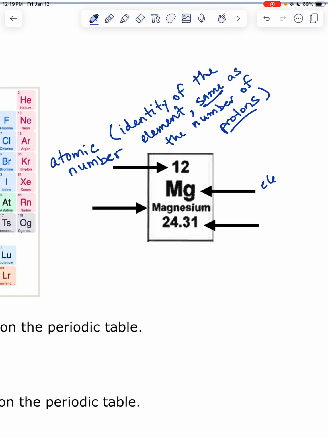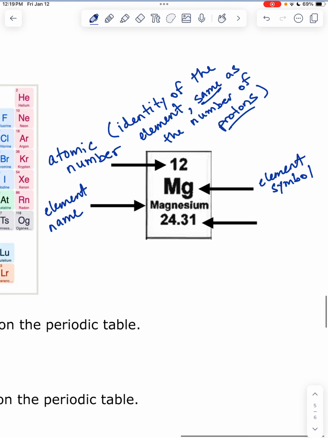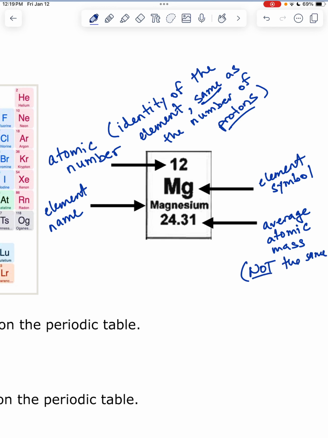This is just the element symbol. This is just the element name. And of course down here, this is what we call the average atomic mass. Now, this is not the same as mass number. All right, we're going to talk about what's different about it a little bit later on.